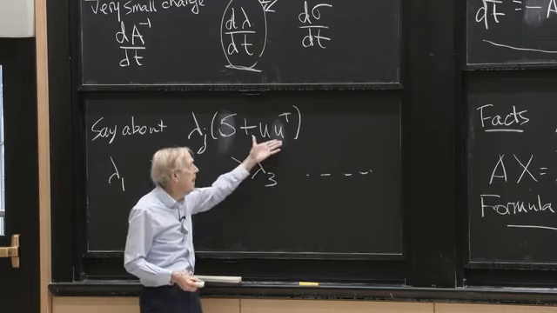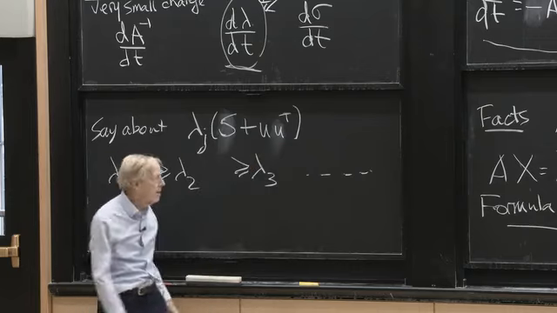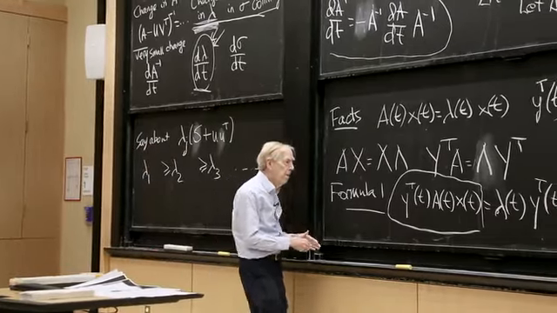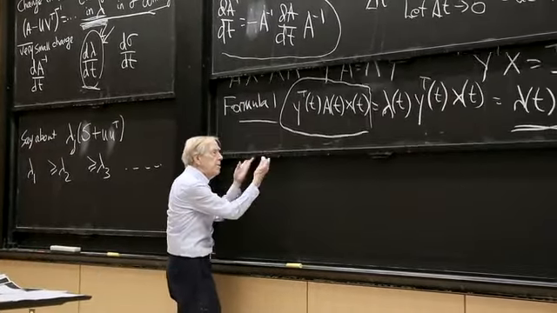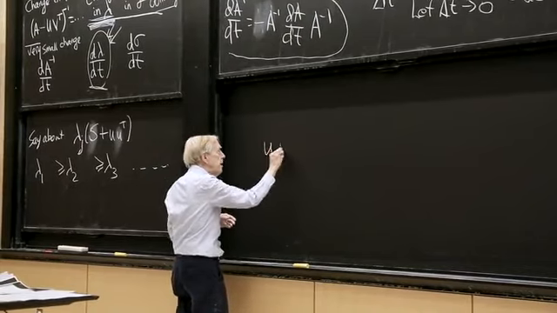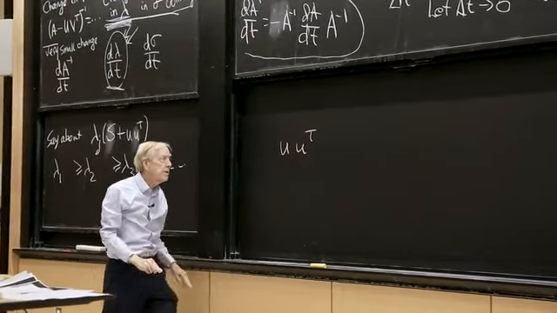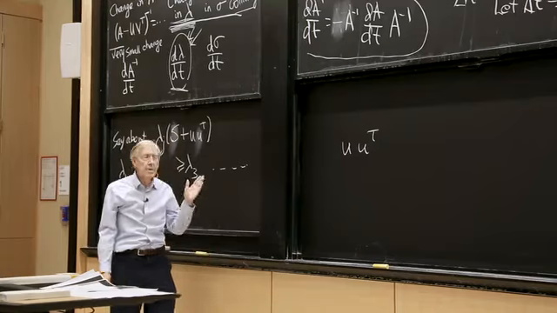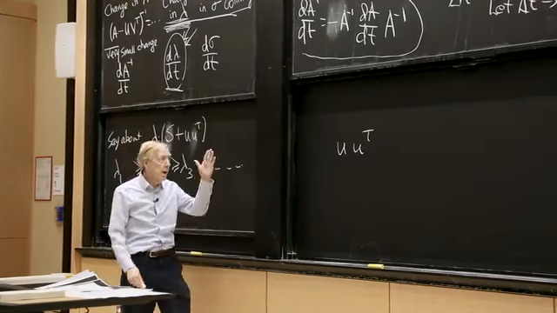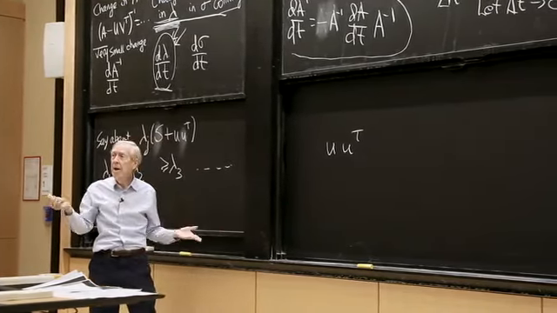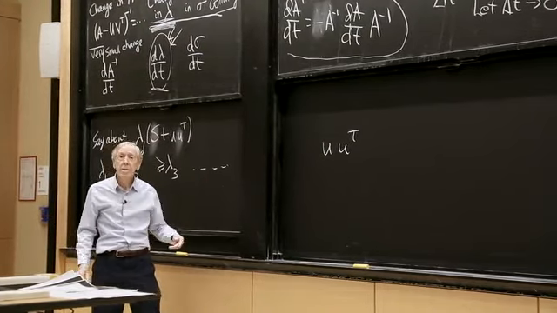What's the eigenvector of that matrix? Let's just do this in 2 seconds. So UU transpose, that's the matrix I'm asking you to think about. And it's a full n by n matrix, column times a row. Tell me an eigenvector of that matrix. Yes?